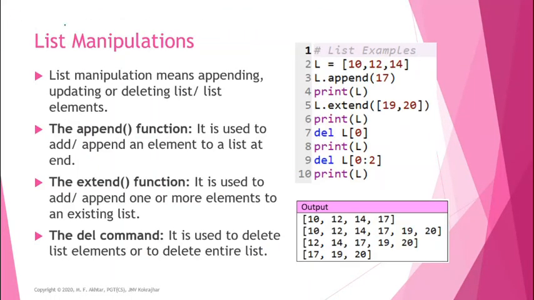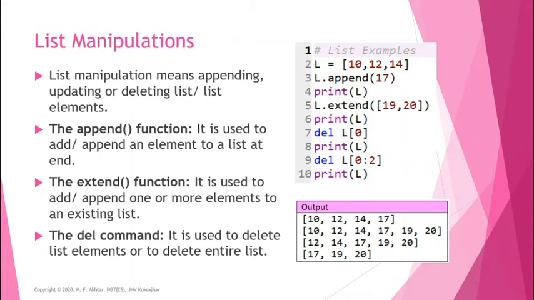List manipulation. List manipulation means we can do some calculation work, we can add more elements, we can remove some elements. It is possible in a list also. List manipulation means appending, updating, or deleting list elements.